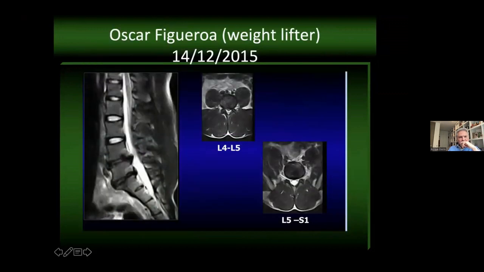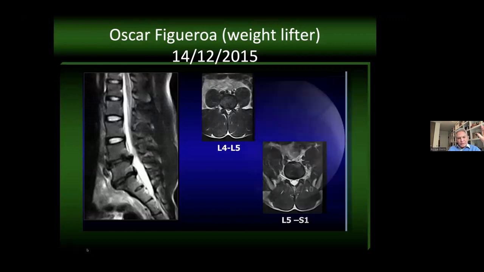And this case is very interesting. This is a white fighter, and he was 33 years old at that time, with 5 months of very important lumbar pain. And this is the MRI with this disc in L4-L5 and in L5-S1.